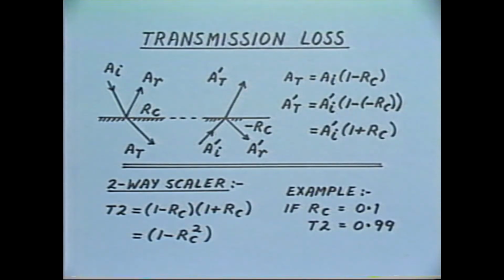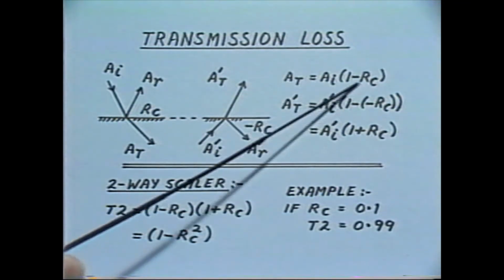The third type of amplitude loss is that due to transmission. Now, we showed before that when a ray of energy is transmitted through an interface, the amplitude of the transmitted ray is determined in proportion to the amplitude of the incident ray by this formula.